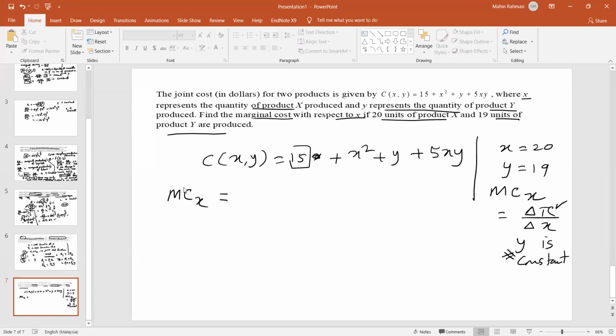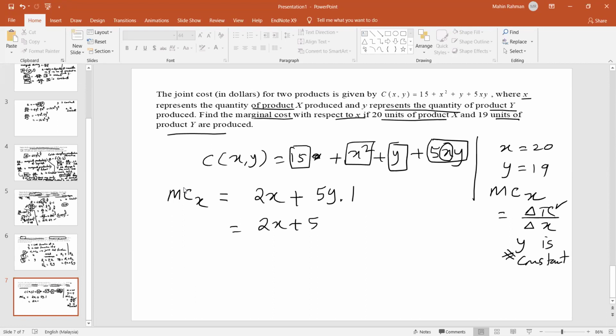The derivative of 15 is 0. The derivative of X squared is 2X. The derivative of Y is 0 because it is a constant number. For the derivative of 5XY, you write down the constant number first, then multiply by the derivative of X, which is 1. So it will be 2X plus 5Y.